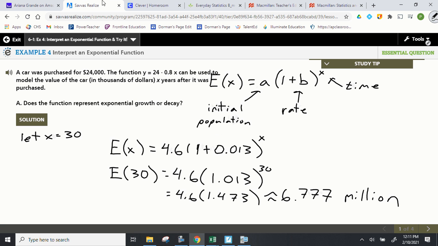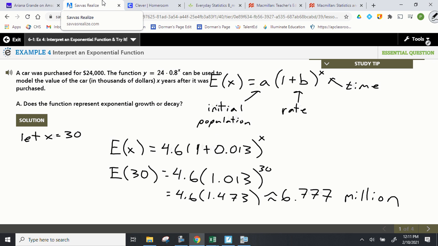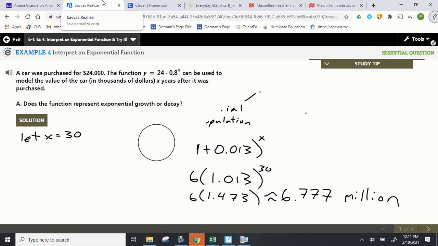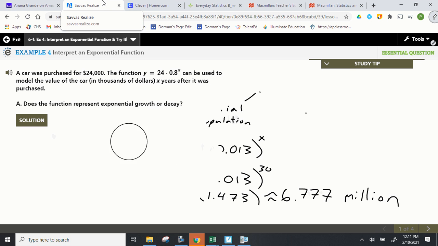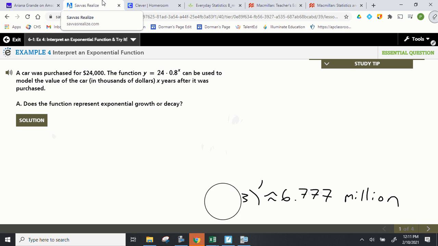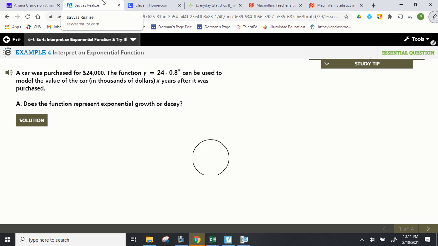Okay, let's make another one. Let's talk about different functions. So that particular one works for a population growth. Also, another way that you'll see these is as some f of x equals a times b to some x power as well.